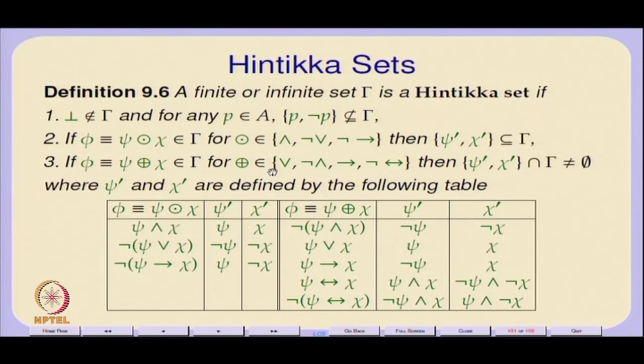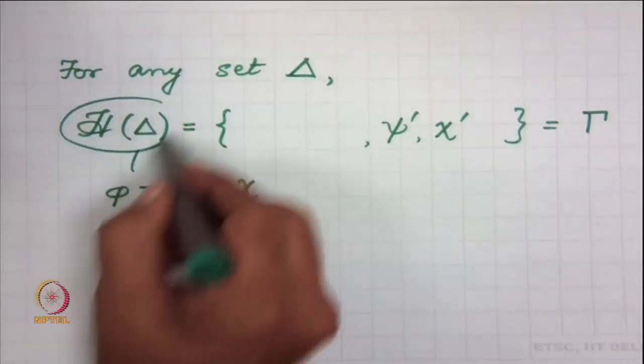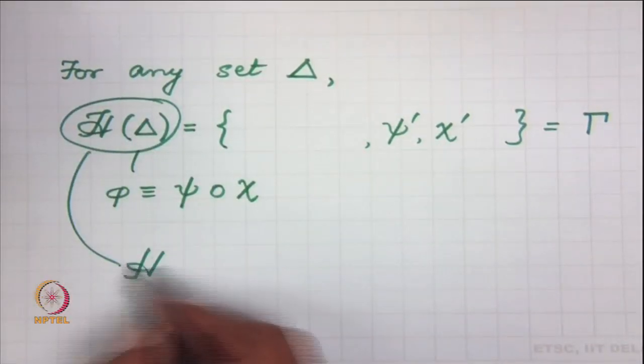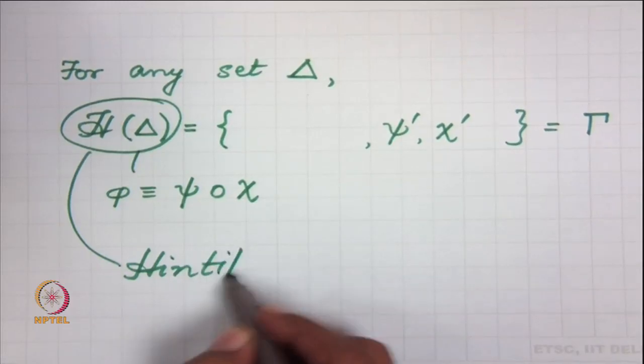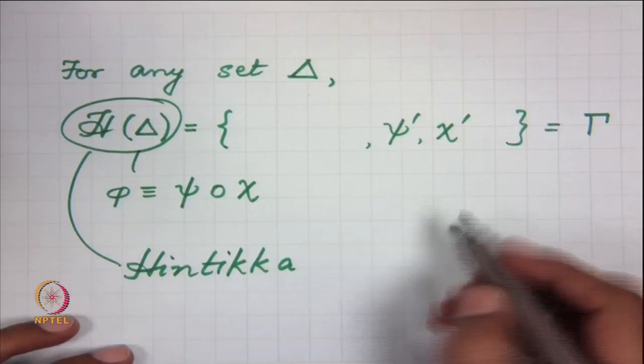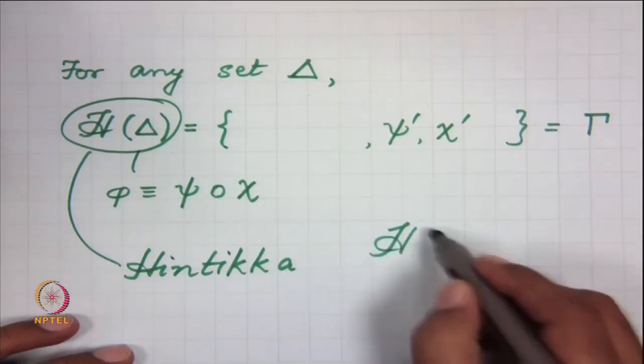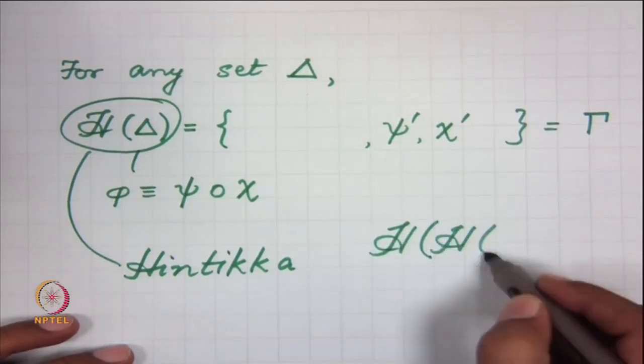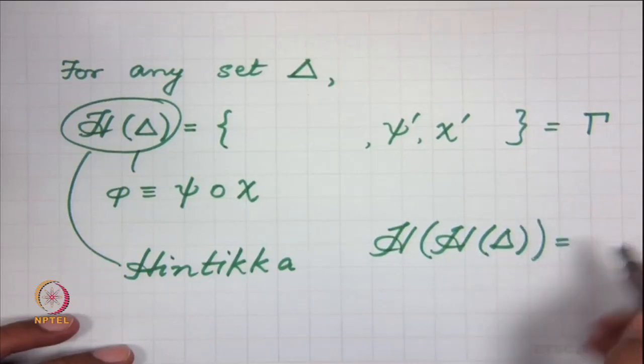So, essentially this set H of delta, even if delta is not originally a Hintikka set, will become a Hintikka set. And it is clear that this operator H is a closure operation, because if you apply this operator twice, you do not get anything new, you only get H of delta.